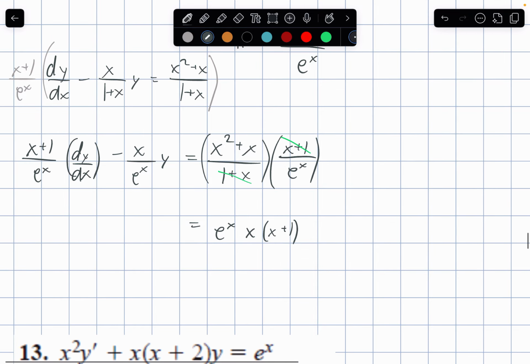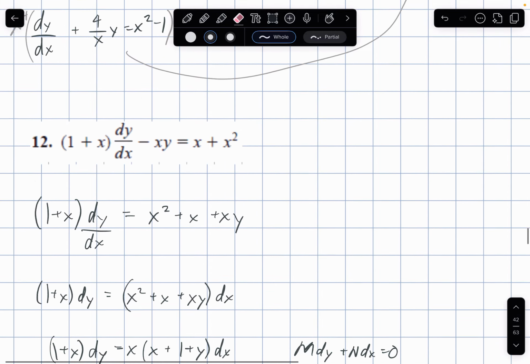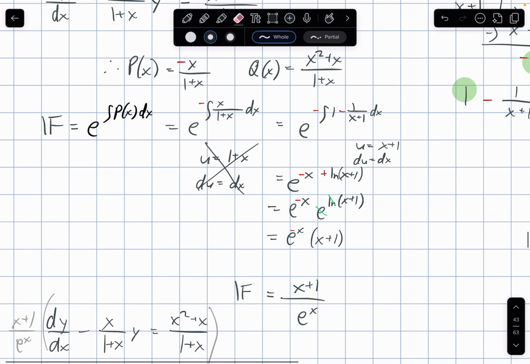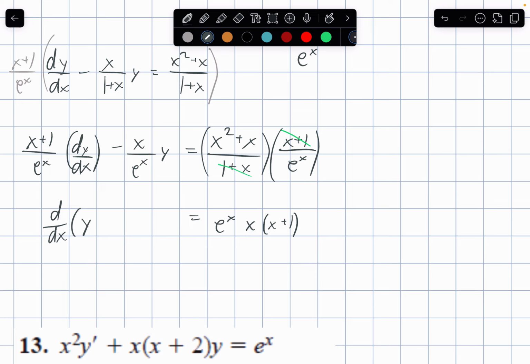At the left side, our goal is basically we see this as a result of the product rule. Since in this particular problem we identified that it's linear in y, we write y here, which is this one.